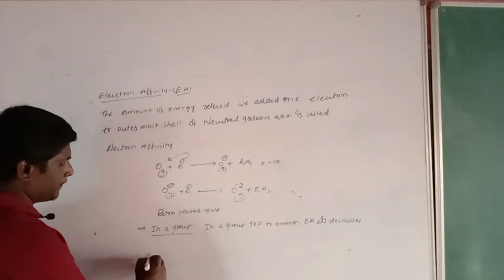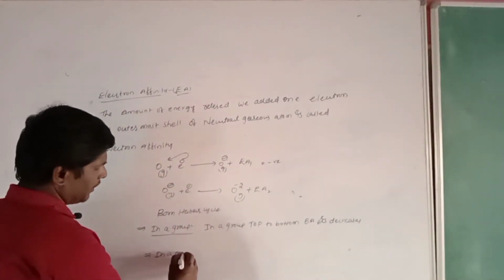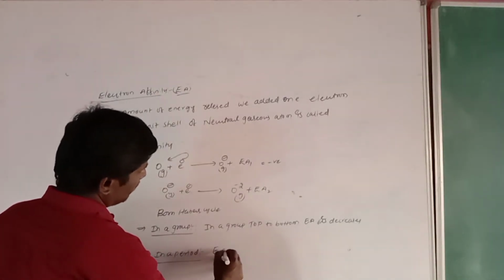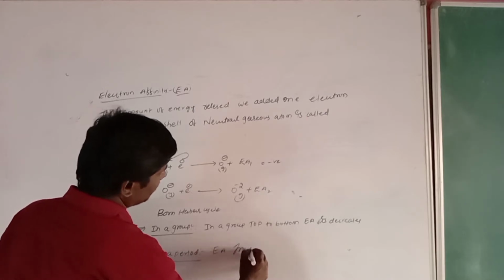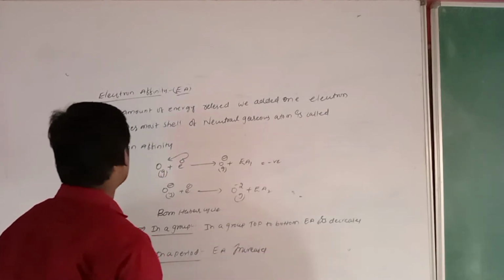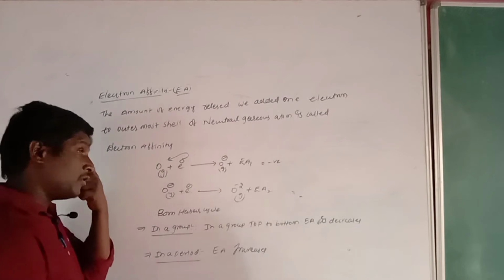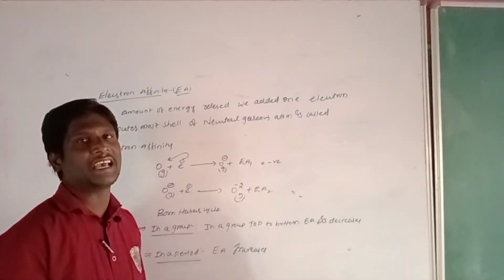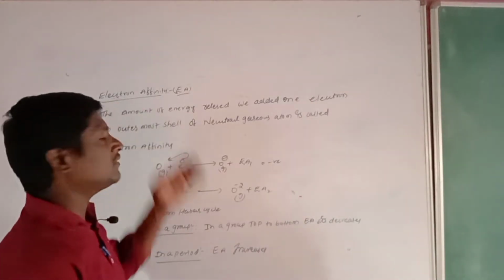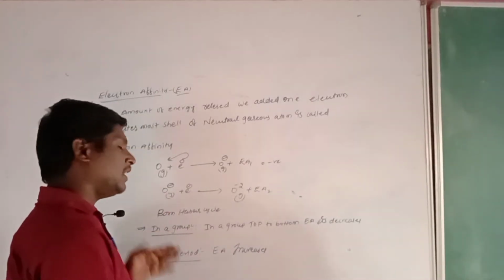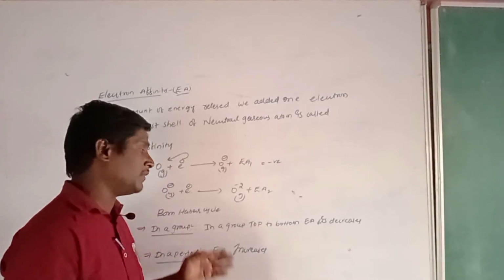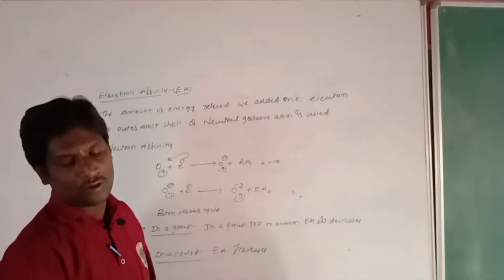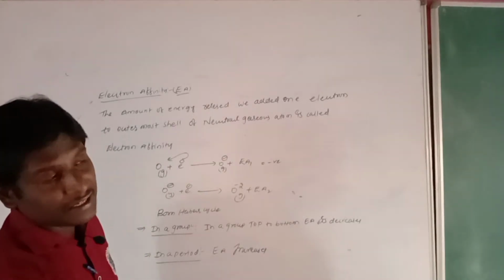In a period, electron affinity gradually increases. This is about the electron affinity: the amount of energy released when we add one electron to a neutral isolated gaseous atom is called electron affinity. In a group from top to bottom, electron affinity gradually decreases. In a period from left to right, electron affinity gradually increases.